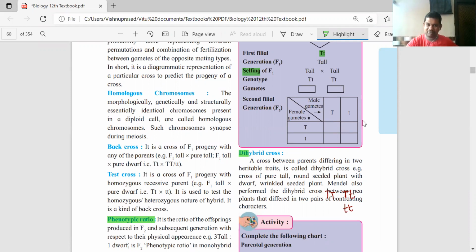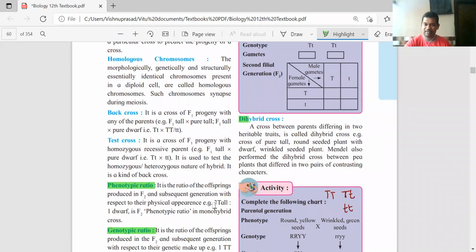So in this cross, how many tall to how many dwarf? So you are getting 1, 2, 3 tall is to 1 dwarf. Because here homozygous tall, this is heterozygous tall, this is heterozygous tall, and here it is dwarf. So you are getting a phenotypic ratio of a monohybrid cross as 3:1. 3 tall is to 1 dwarf.